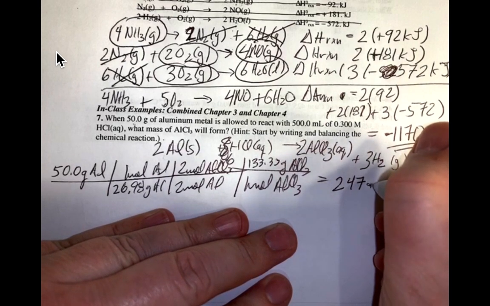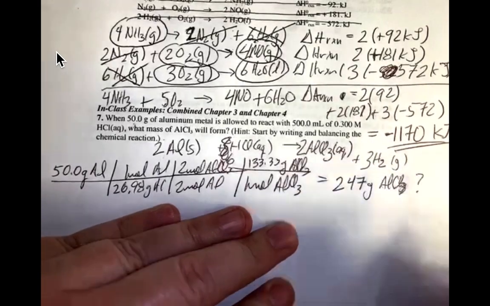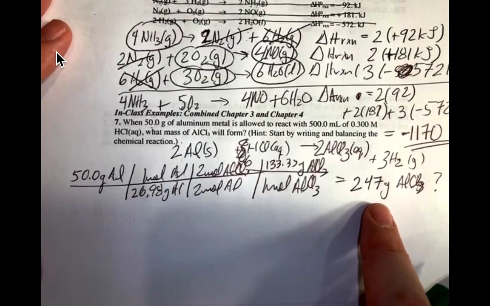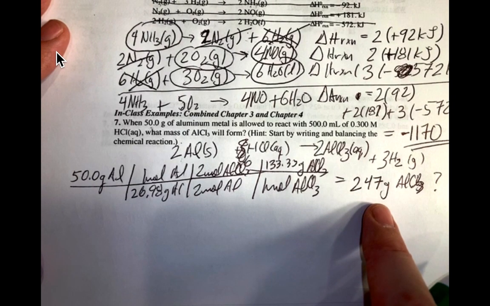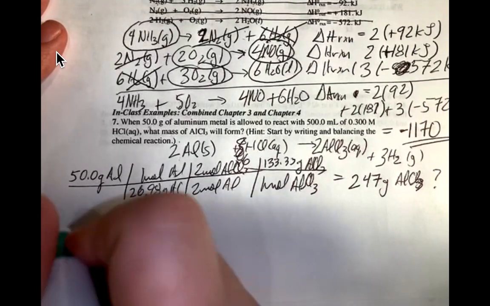Okay, 247 grams of aluminum chloride. And we don't know until we do the second calculation whether this will be the theoretical yield or whether this number here will be useless.